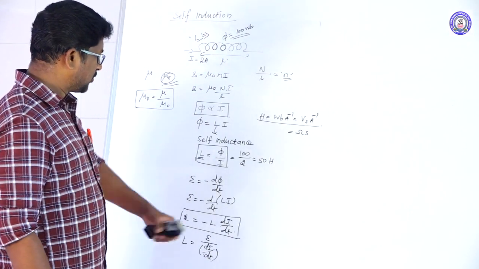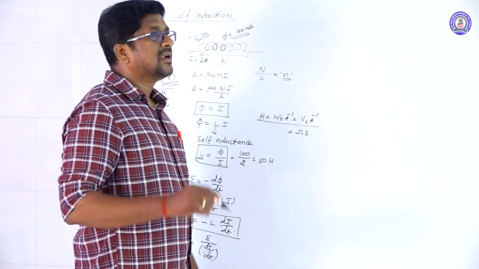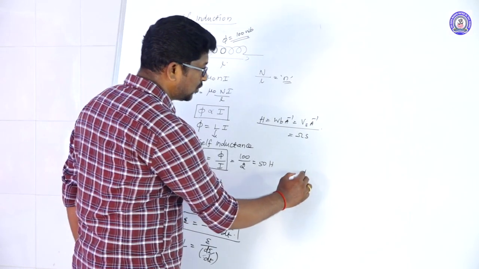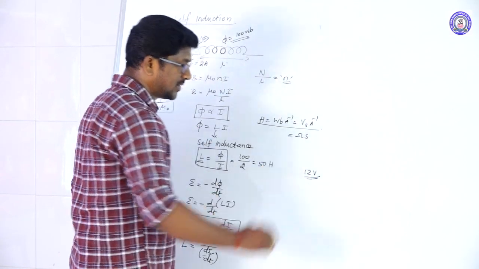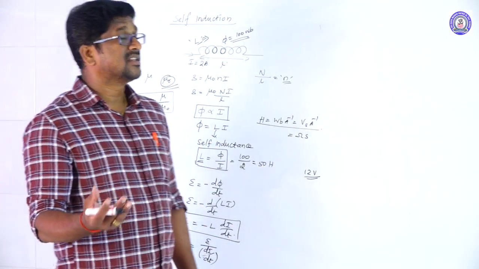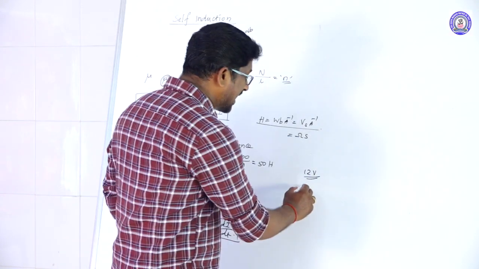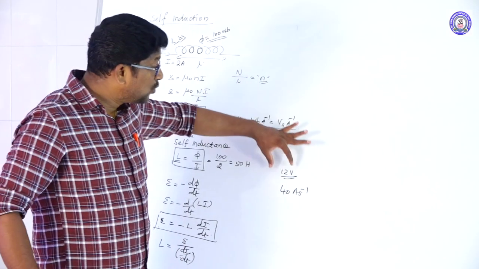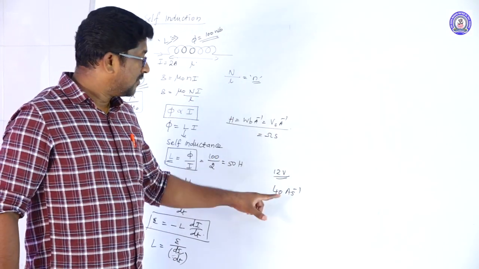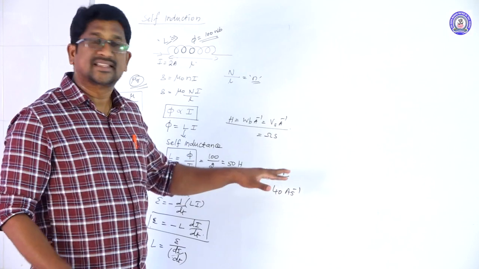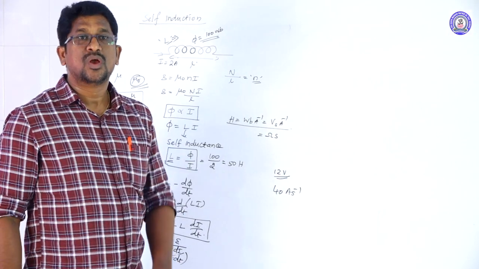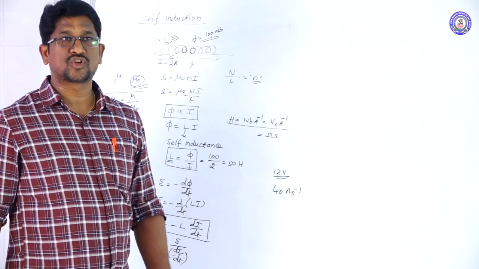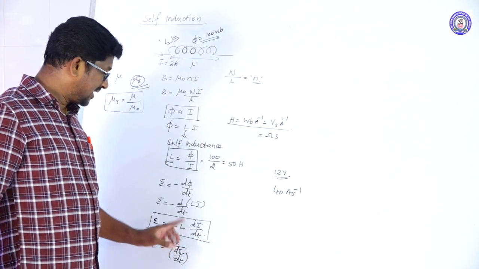Suppose for example, an EMF of 12 volt is induced when the current in the coil changes at the rate of 40 ampere per second. What is the coefficient of self-induction of the coil, or what is the self-inductance of the coil?